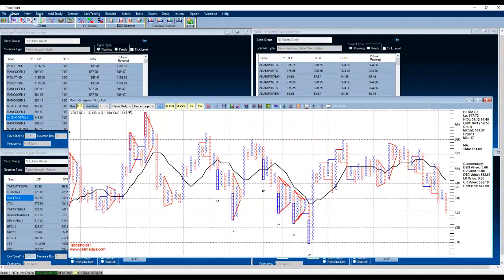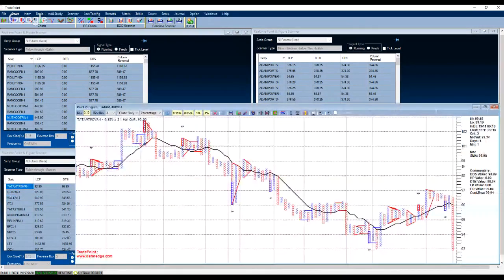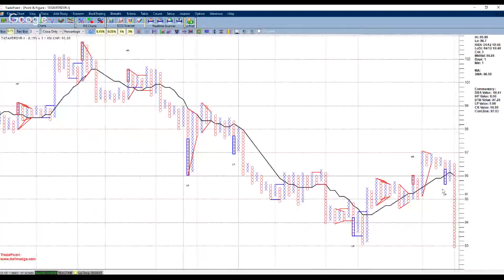So Voltas, you have this again, the same deal here. Buy followed by a sell, bull trap, and then a follow through sell signal. Let's see what Tata Motors DVR is up to. This is nice, isn't it?